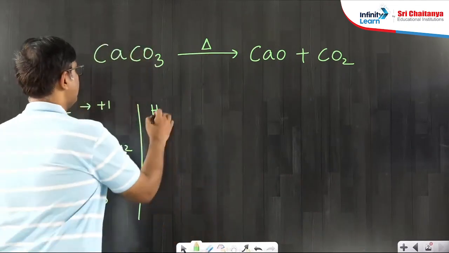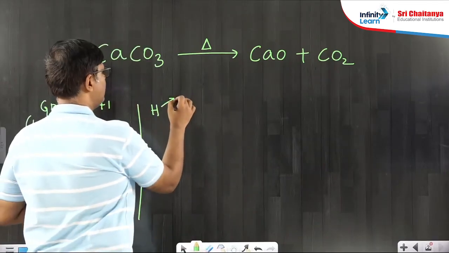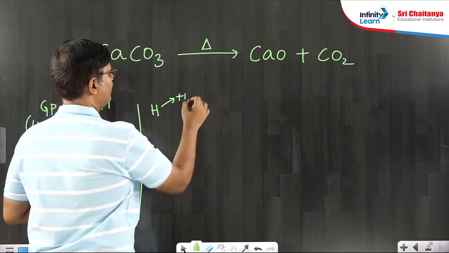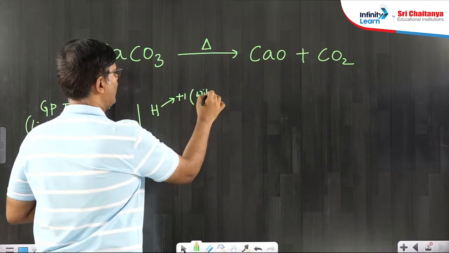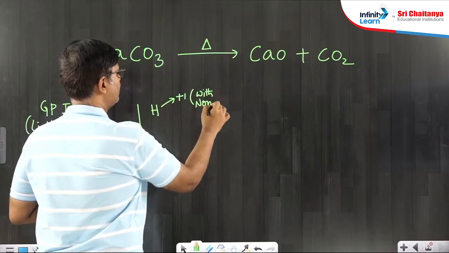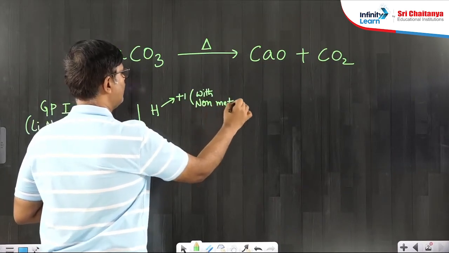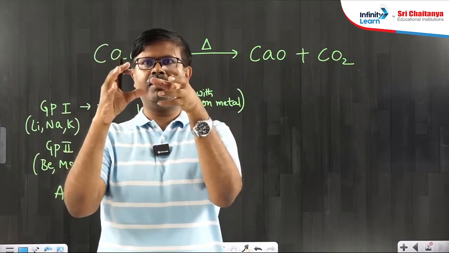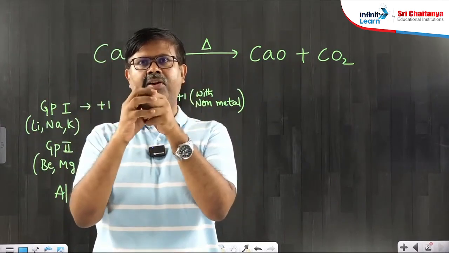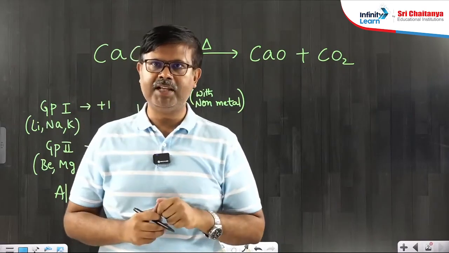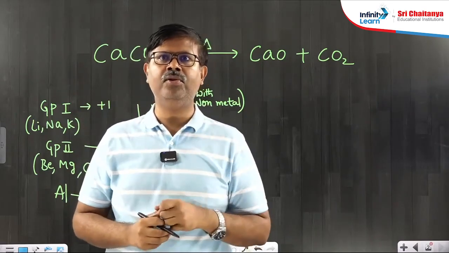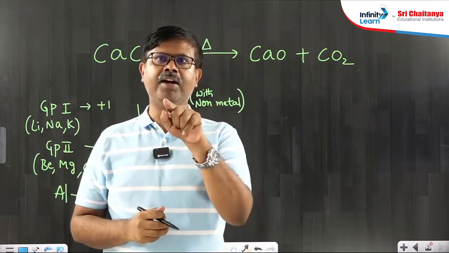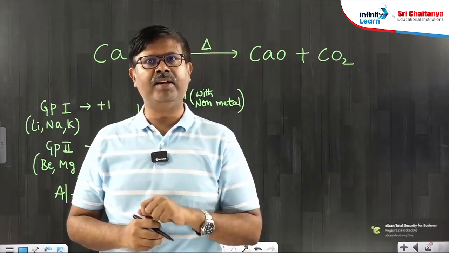Hydrogen exhibits +1 state with non-metals. Suppose hydrogen is combined with a non-metal, then it will have a +1 state. For example, in H2O, oxygen is a non-metal, so hydrogen's oxidation state is +1.